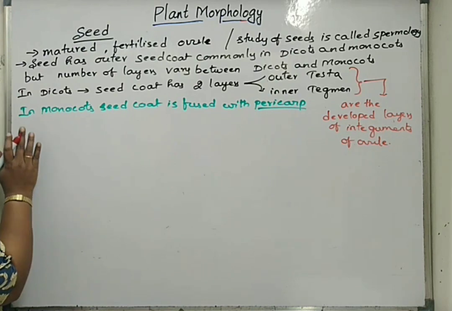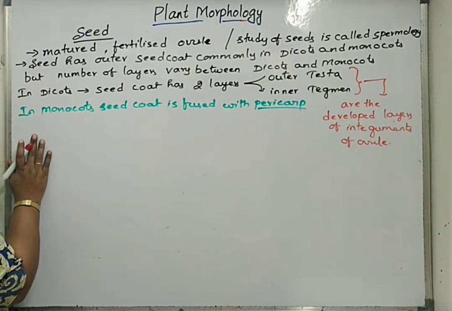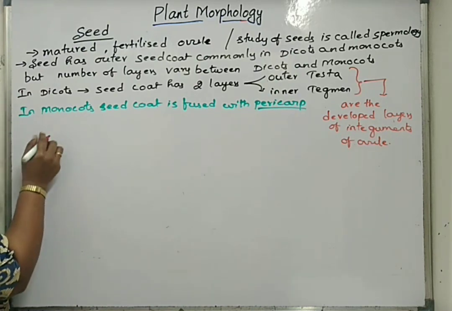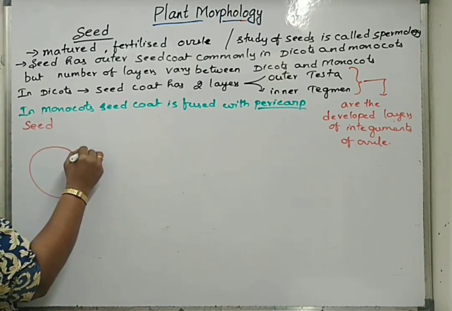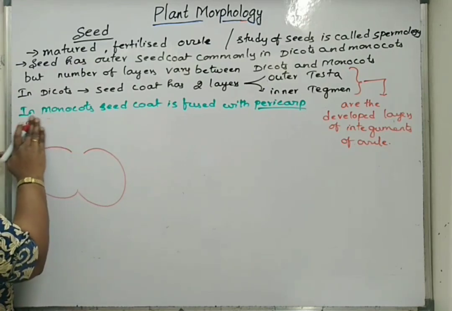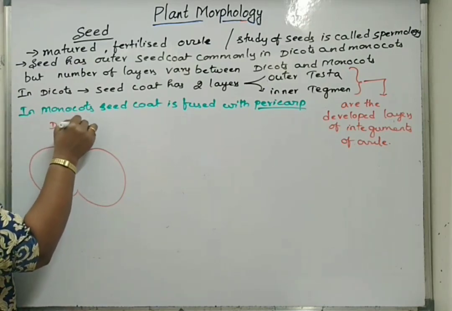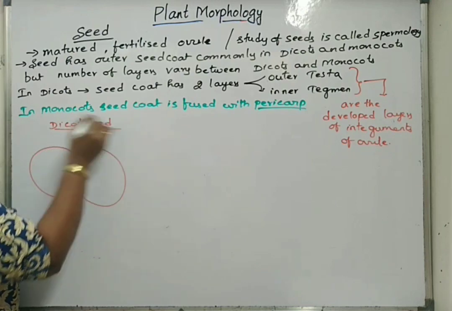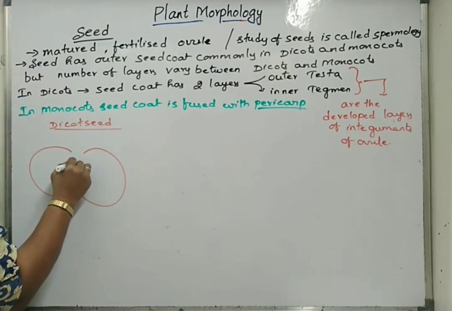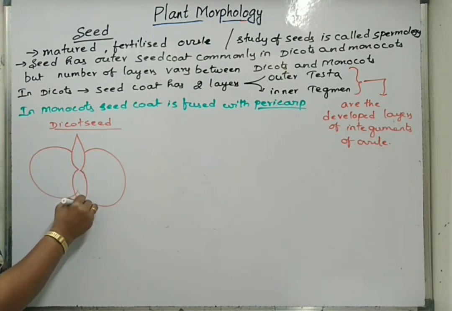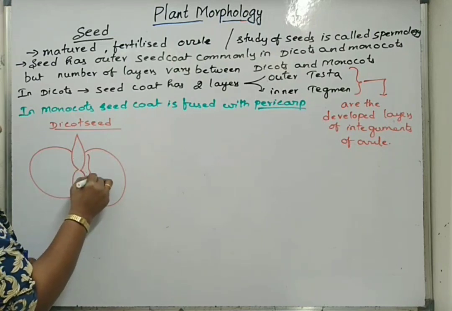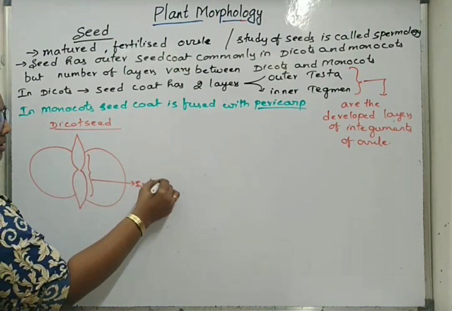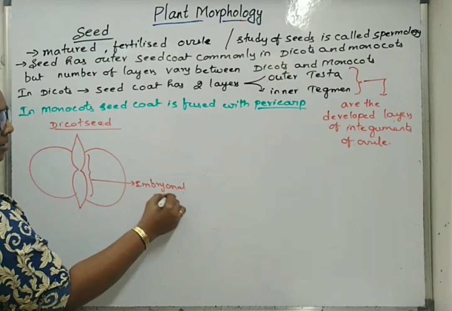In case of developing seed, what are the structures? Seed has cotyledons, like dicot seed. This is embryonal axis.